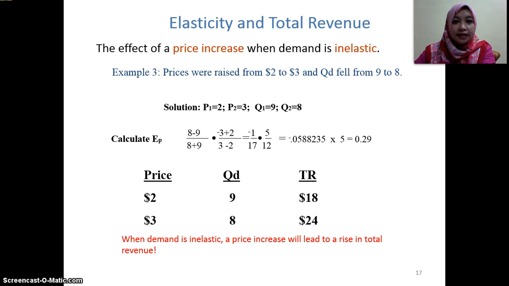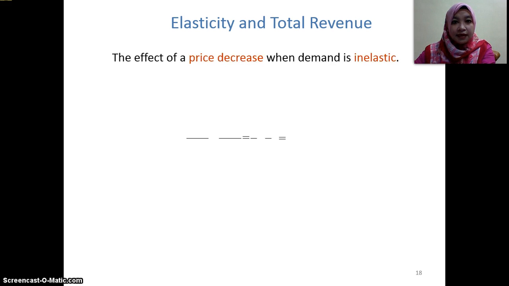Why is it less than 1? This demand is called inelastic. Why inelastic? Because your new P is 3, your old P is 2, whereby your new demand is 8 and old demand is 9. Okay, class? Okay, I give you another example.